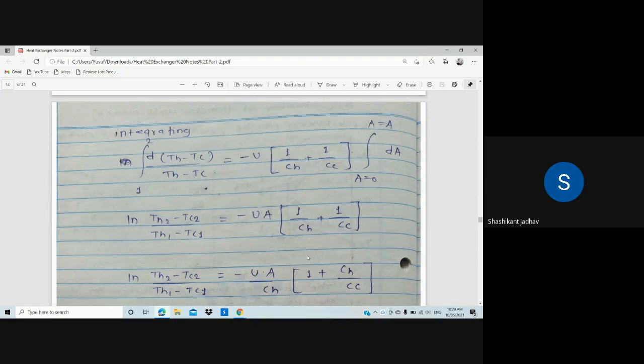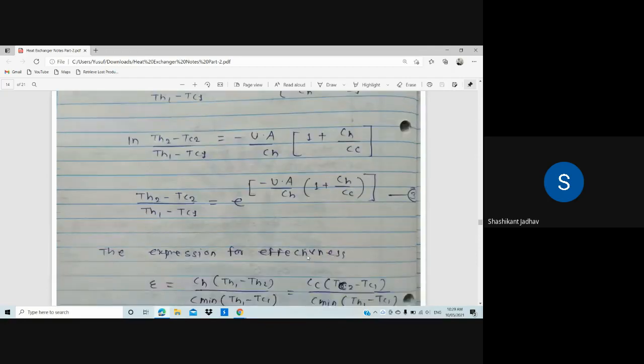By simplification, ln of Th2 minus Tc2 divided by Th1 minus Tc1 is equal to, so we have to take this Ch as a common from the bracket, so minus UA divided by Ch. Ch जर बाहेर घेतला तर आतमध्ये काय होणार आहे, 1 plus Ch upon Cc. Okay, so by the cancellation of the ln from the left hand side, we have to take the exponential of both sides.